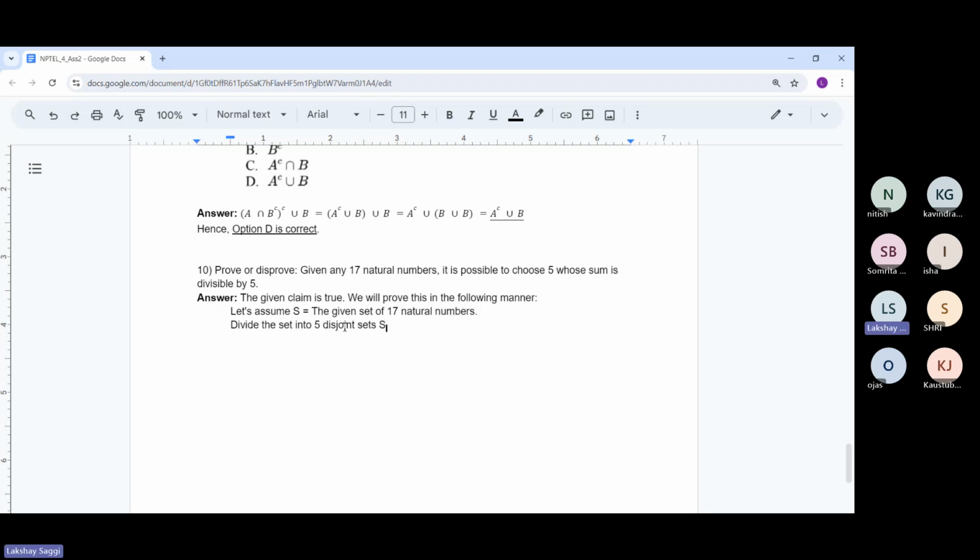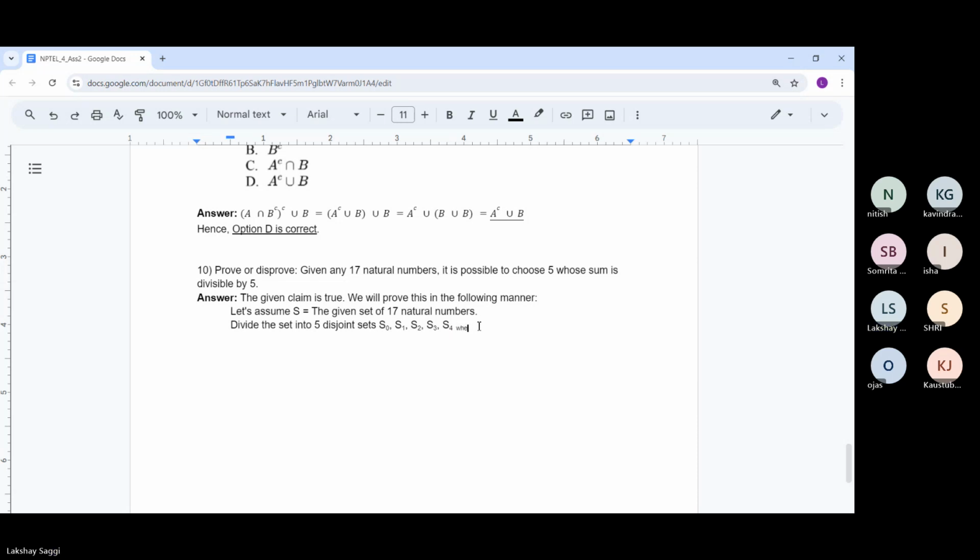So I'll divide it into 5 sets, which I'll call S0, S1, S2, S3, S4, because we're dividing into 5 disjoint sets. And what will these denote?